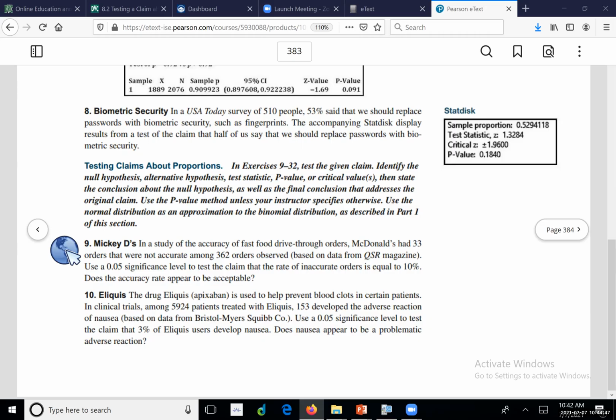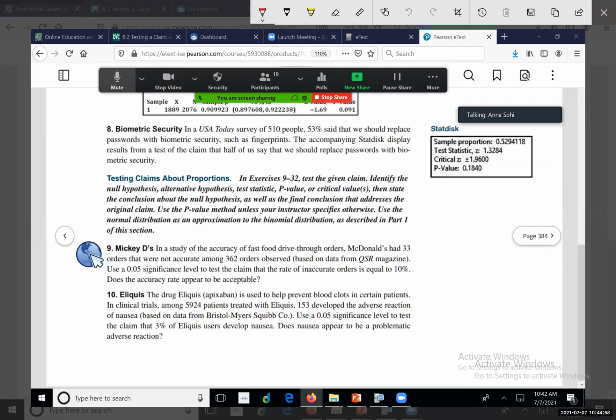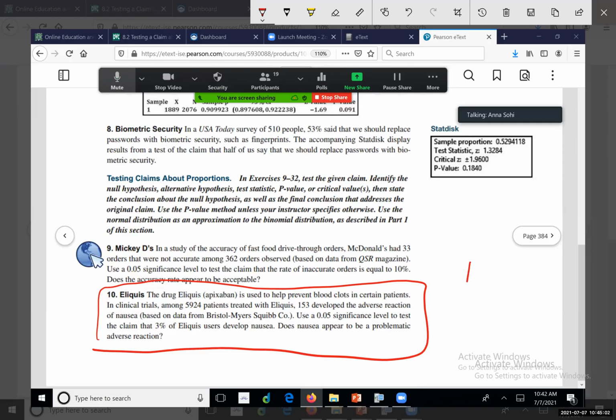I see you read number 10. That's fine. Let's do number 10, and then we're going to go back and do number 9. So all of you on number 10, thank you so much. Let's just write the null hypothesis, alternative hypothesis, and then check the requirements. That's step 1 and step 2.